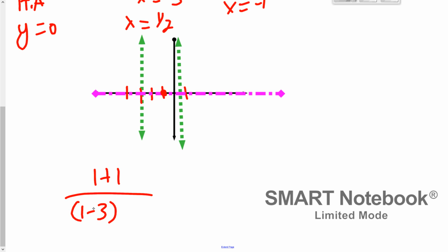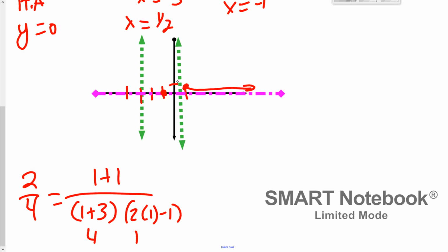I believe that's +3, and then 2 times 1 minus 1. See what that equals. That is 4 over 1 and 2 on top, so we get 2 over 4, so that's 1/2. So here's 1/2, somewhere down here at 1. So we're going to approach that horizontal asymptote that way and go up towards the vertical that way. We don't cross it right there.